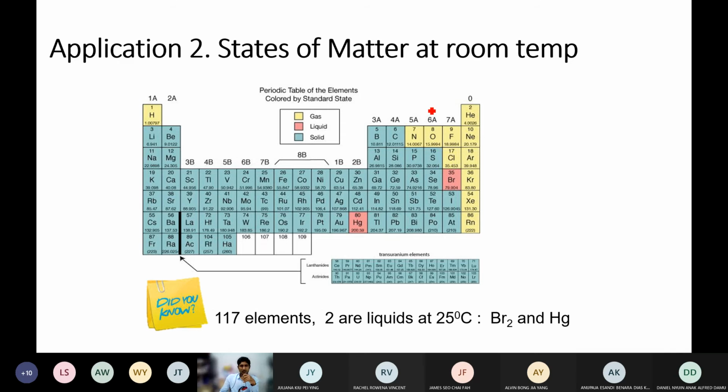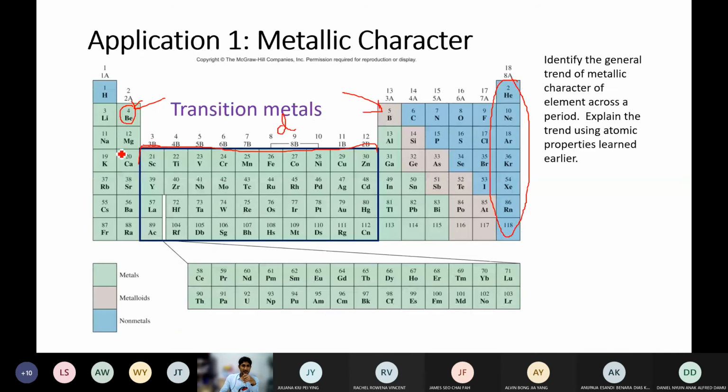They form metallic bonding as well. Actually, lanthanides and actinides should also be here, but we do not know much about them yet. We'll see what type of bonding this is later on. So they will form metallic bonding as well.